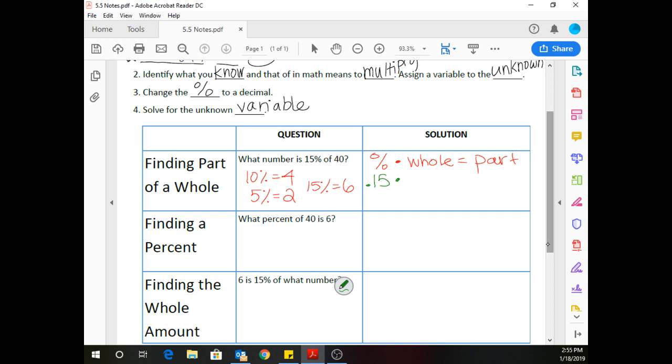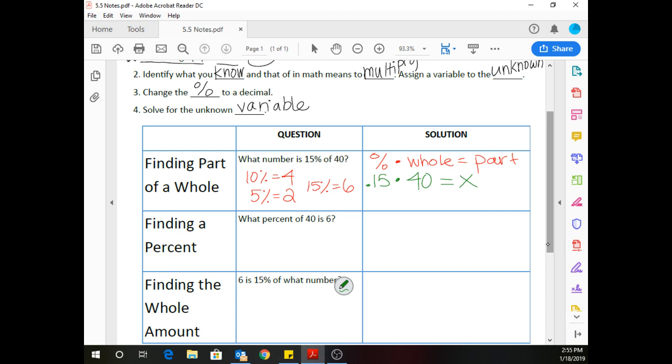So 15% of 40. There were 40 questions. So you're going to write "of 40" equals our unknown, which is the part that we got right, which is x. We're solving for x because x is our variable. Everybody with me so far?